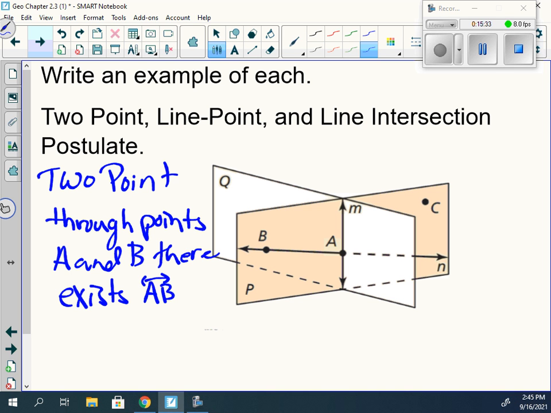Now we don't have to specifically write out line AB because AB with the line above it is the line AB. And that's all we have to say for this.